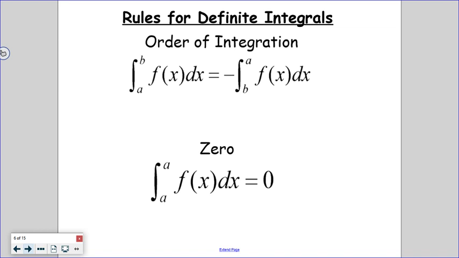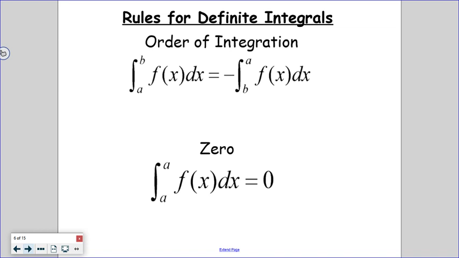Some integral rules that we have. First of all, the order of our integration, whether we go on that interval from a to b or from b to a, it will impact our value. So if we are looking at a to b of some function, if I were to switch the interval from b to a, it will switch the sign on my answer.